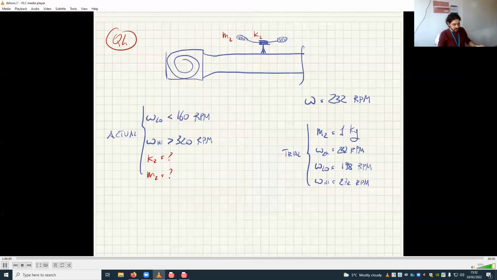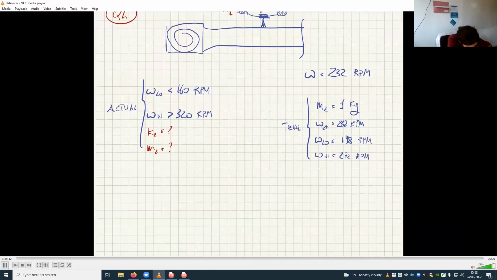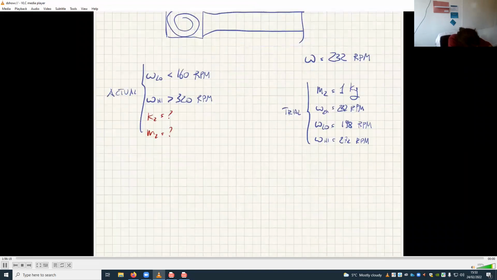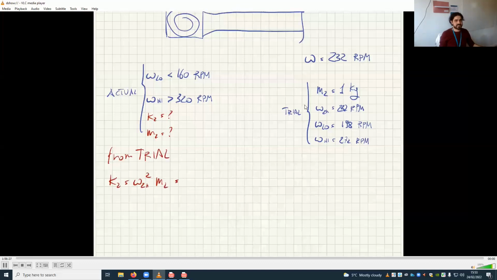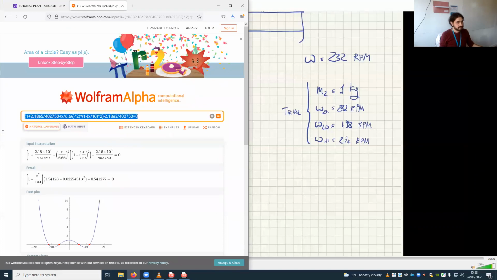Now, let's find K2. So let's start from the trial. From the trial, K2 is omega 2n squared times M2. So this is 232 RPMs. Let me duplicate this because I'm going to need this equation later.